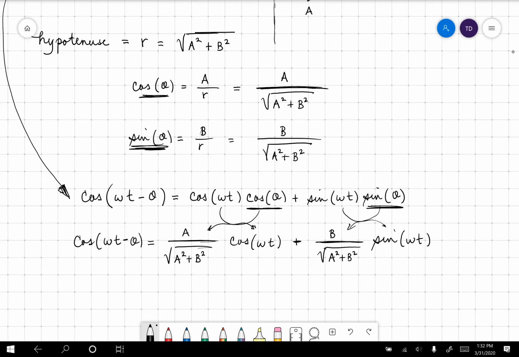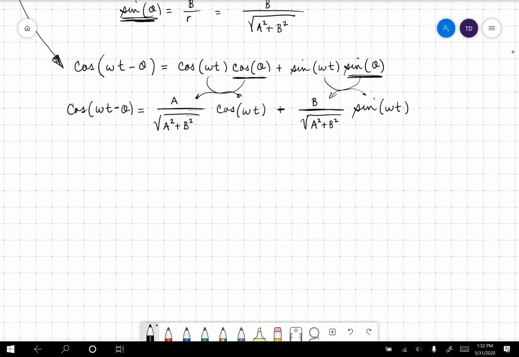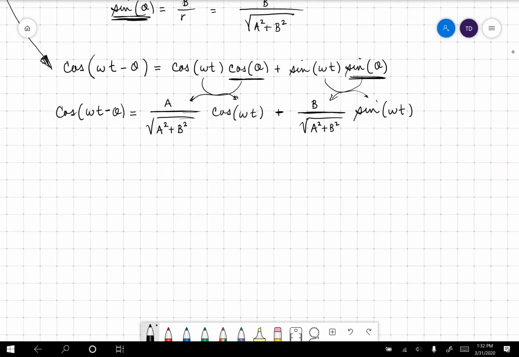Okay. Now I'm going to take this equation and multiply it on both sides by the square root of A squared plus B squared. Multiplying here is going to cancel out.